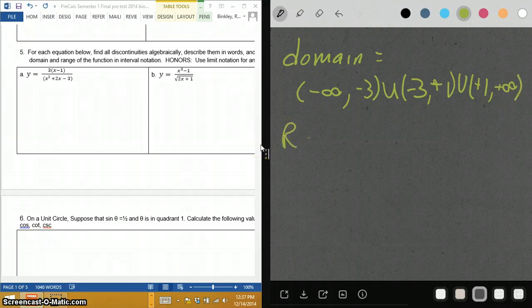And for our range, we have to take into account that horizontal asymptote.